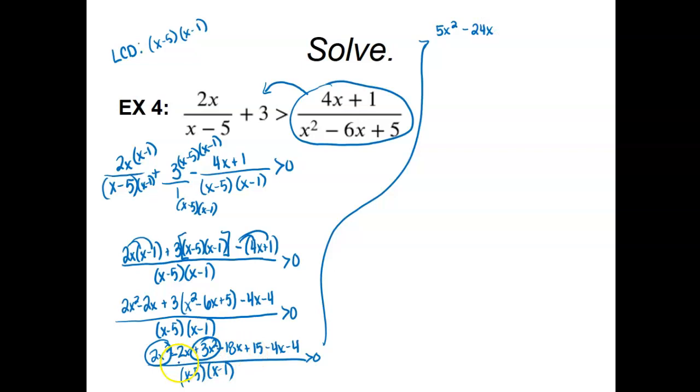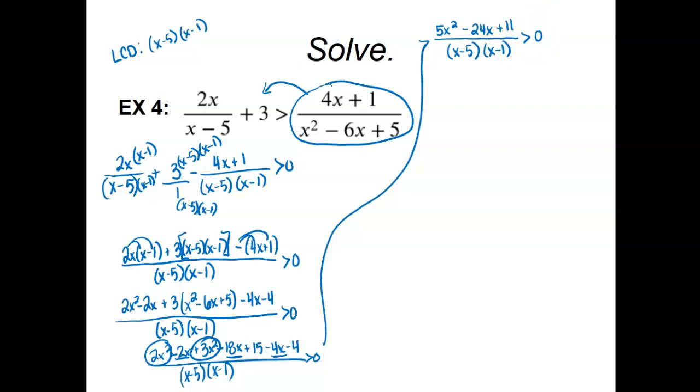And then let's see, those are those 3 right there. And we've got a positive 15 and a negative 4, so that's going to give us a positive 11. And that is all over x minus 5 times x minus 1, and that is greater than 0.